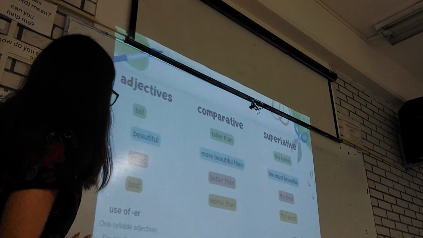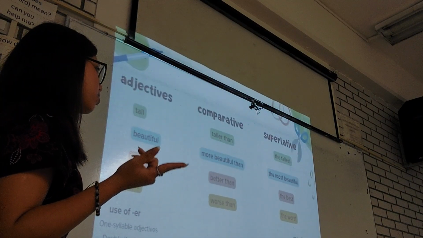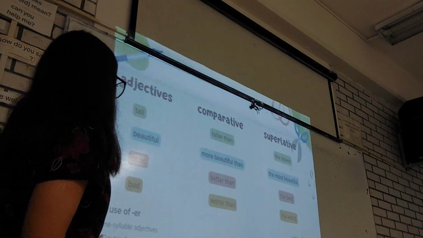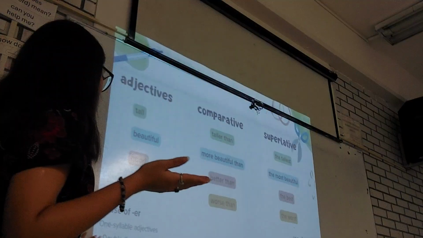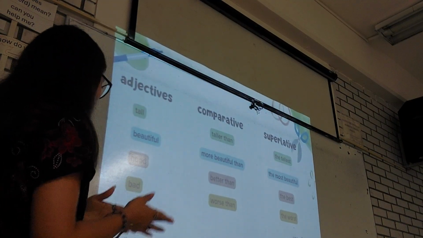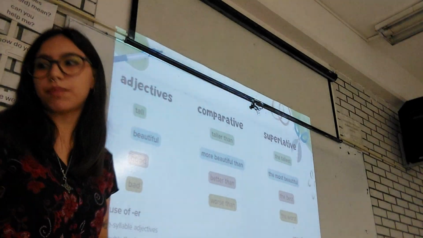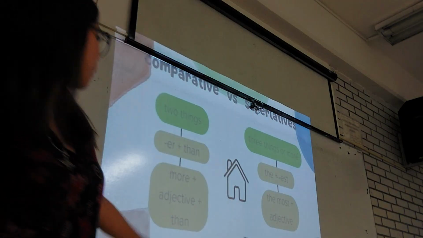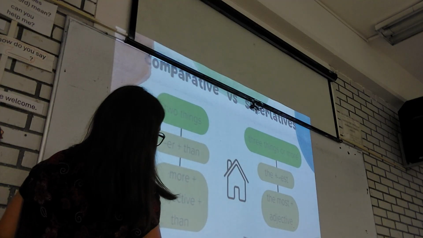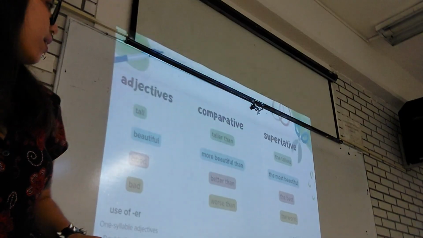And then there is a little thing that you have to understand first. For example, if the word has a final consonant, you have to double it. For example, we saw the example of big. You have this, but you gotta double it, so it is bigger.